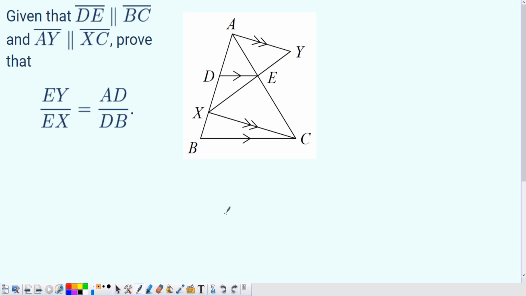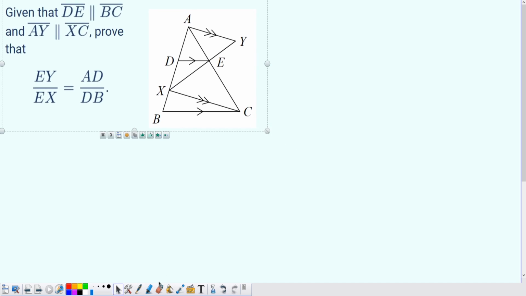Now, if you had no idea what you were supposed to do in this problem, there's a couple of hints at what you should be thinking. The most obvious one is that it wants you to prove some sort of ratio or a proportion, that these two ratios are in fact the same.